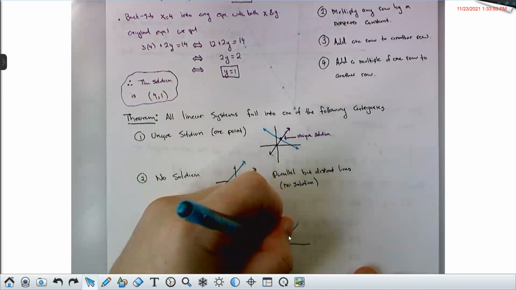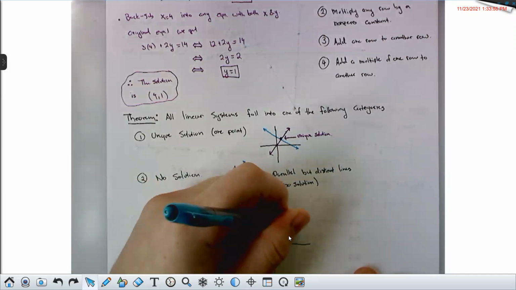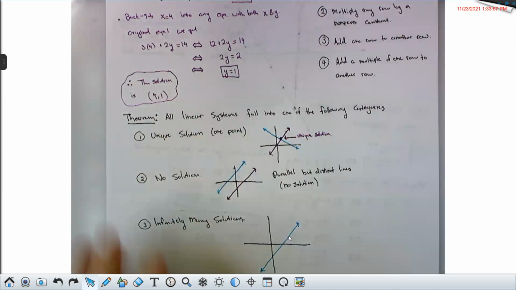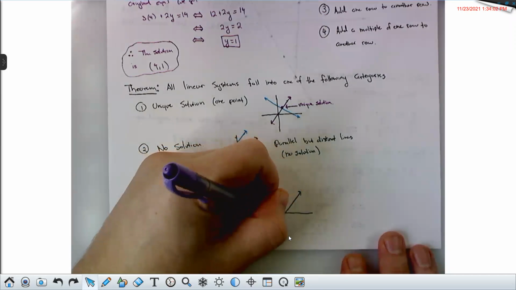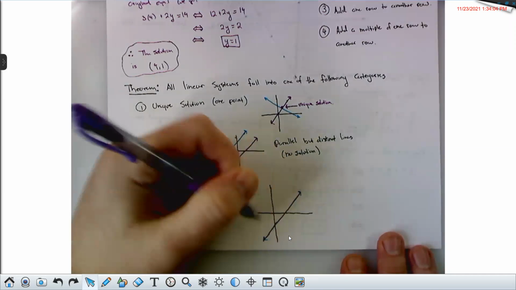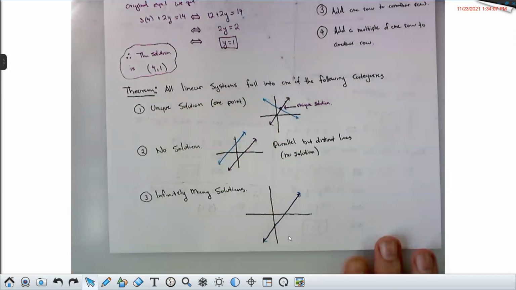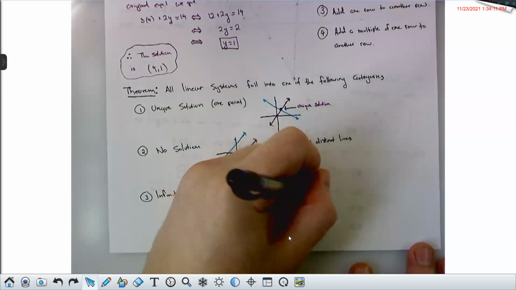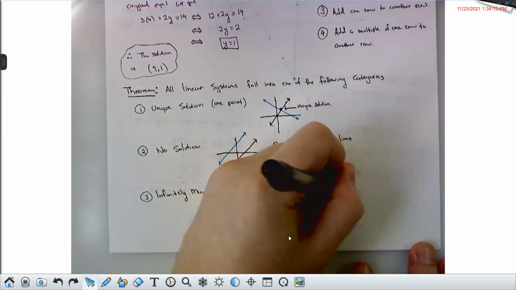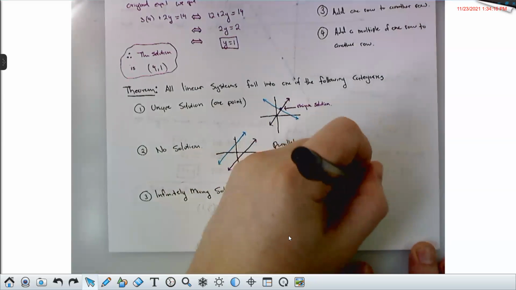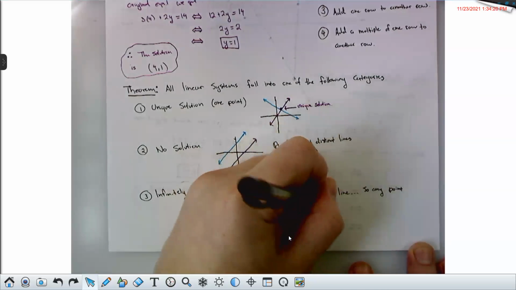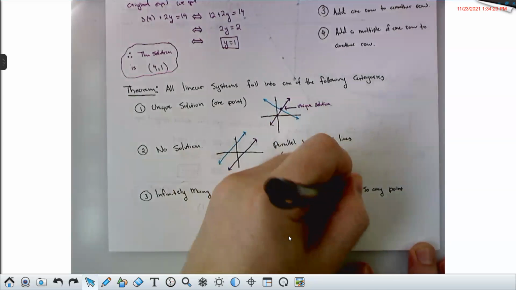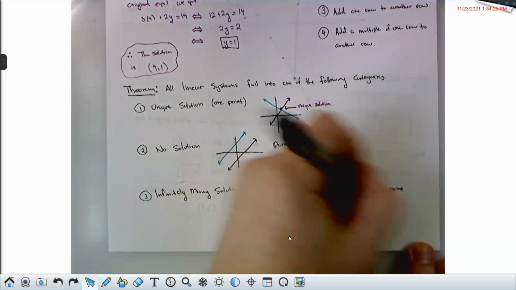maybe something like this. And also like this. Well, then those are the same line. So any point on that line is a solution.